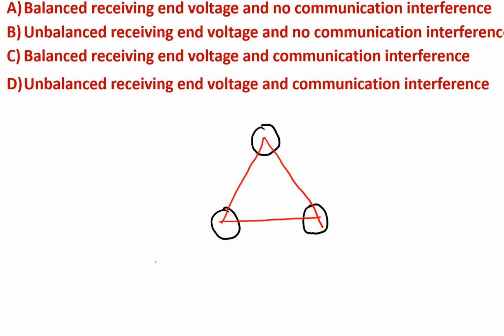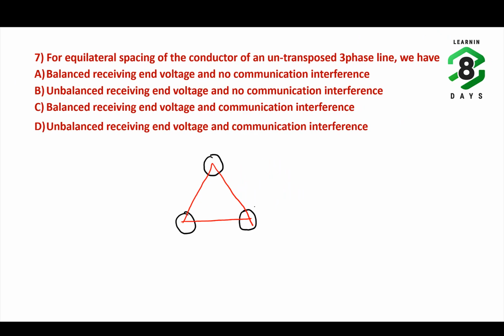That means you need not transpose the power line or communication line, because there is no residual time varying flux present in the vicinity of this transmission system.